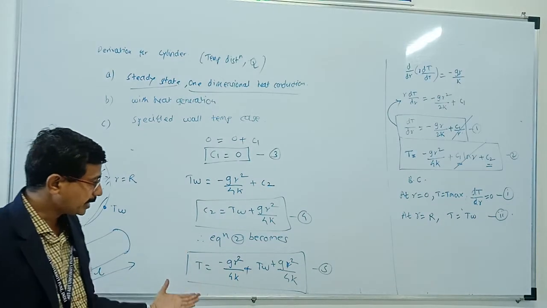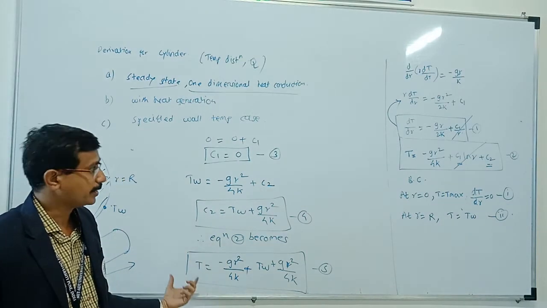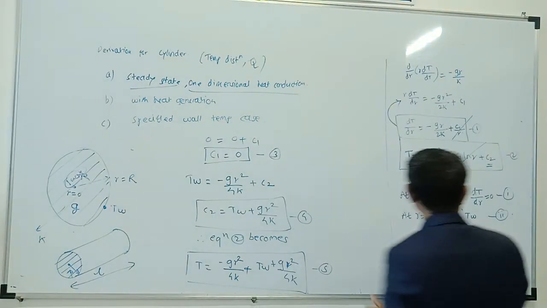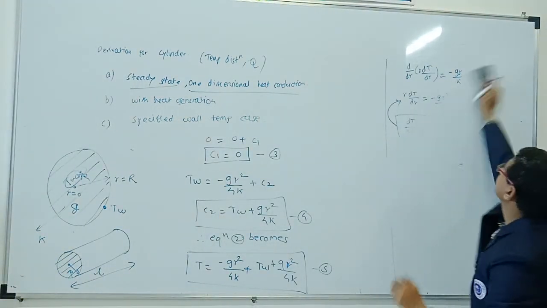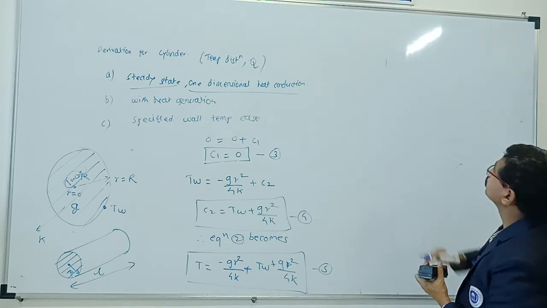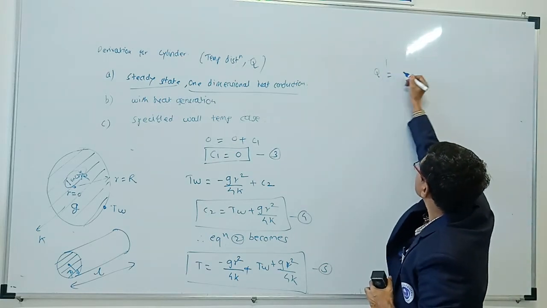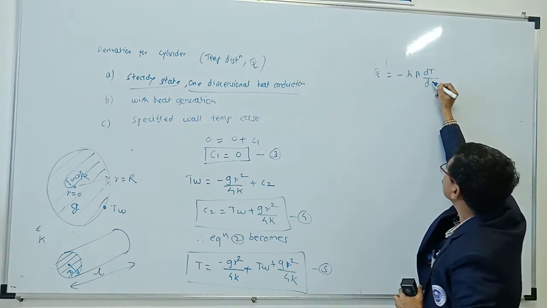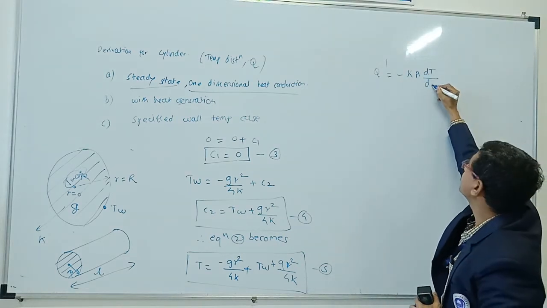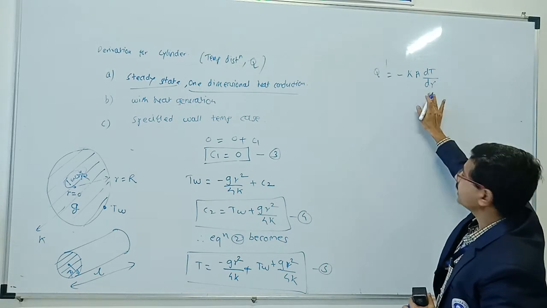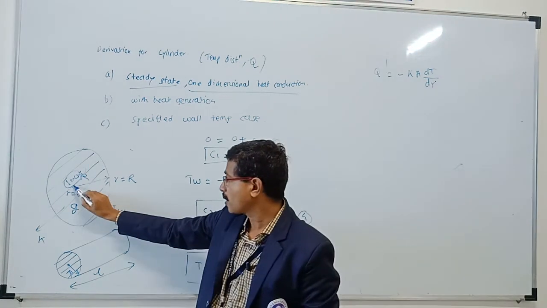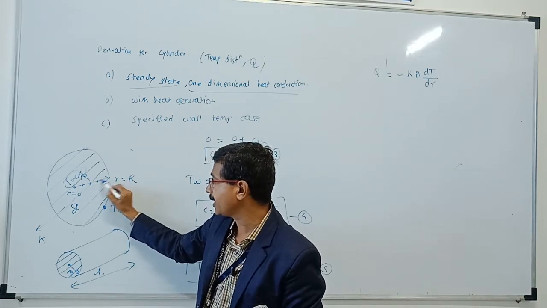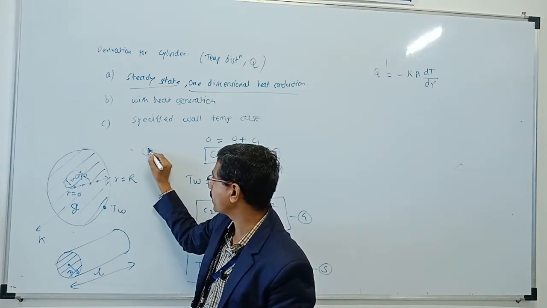Now, if anybody interested to determine capital Q, तो capital Q is equal to minus K by Fourier law dt by, instead of x now, it is not Cartesian, we are using dt by dr. Okay, at any value of r, from r is equal to 0 to at this point, any value of r, what is the value of capital Q?